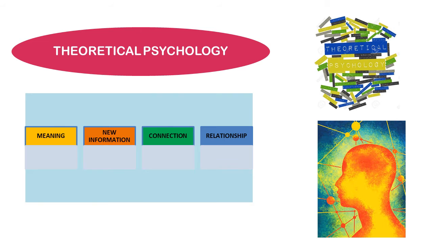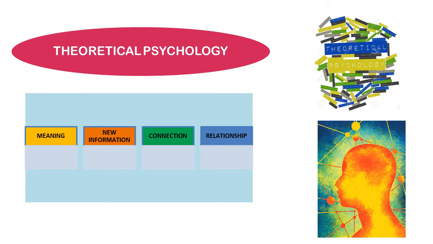Theoretical psychology. To understand theoretical psychology, first we have to understand meaning, new information, connection and relationship. Meaning of theoretical psychology: it talks about general principles and theories.